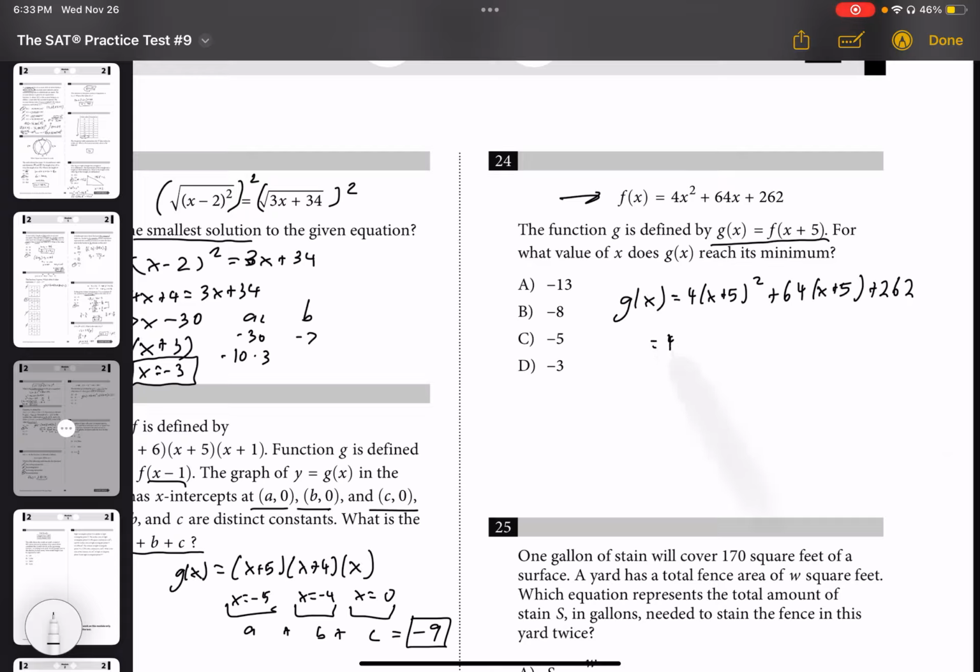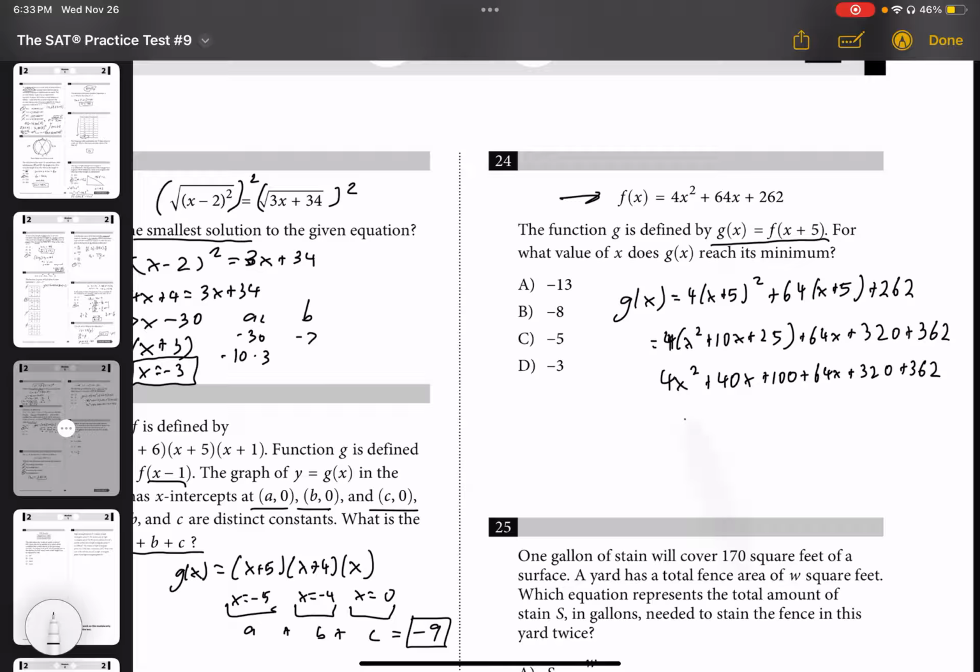And now we have 4 times x squared plus 10x plus 25 plus 64x plus, and use our calculator, 64 times 5, 320 plus 362. So now we have 4x squared plus 40x plus 100 plus 64x plus 320 plus 362.